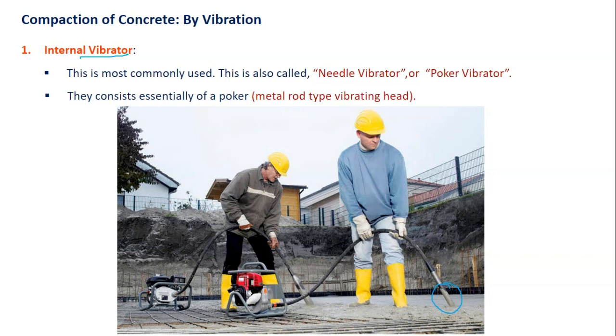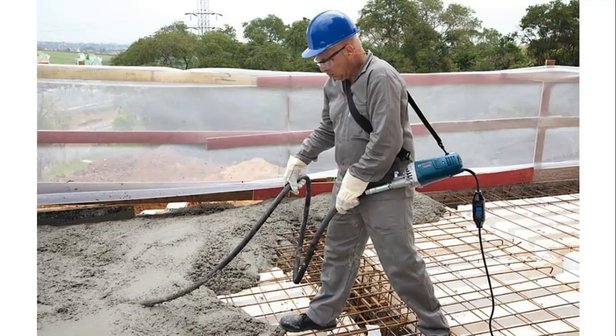We are calling this an internal vibrator because the vibrating end of this equipment is going to be submerged completely inside the concrete. I hope you can see more clearly in this image the vibrating end being submerged inside this concrete.